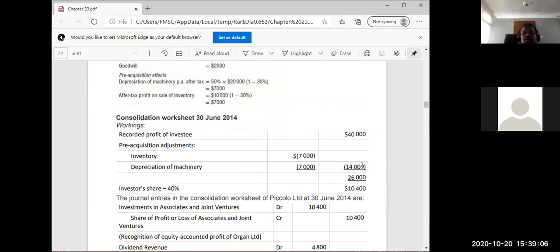So thereby your profit for the period is 26,000. From that you take 40%. Out of this 26,000 you take 40%. Is it clear?